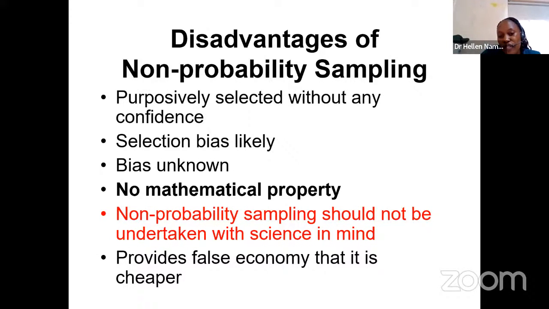Yet what we want to see in our sampling is that there is no bias. And in this particular case, there is no mathematical property. Most non-probability sampling approaches do not take the scientific part in mind. So by the end of the day, it might be hard for us to have a really scientific conclusion when it comes to non-probability sampling.